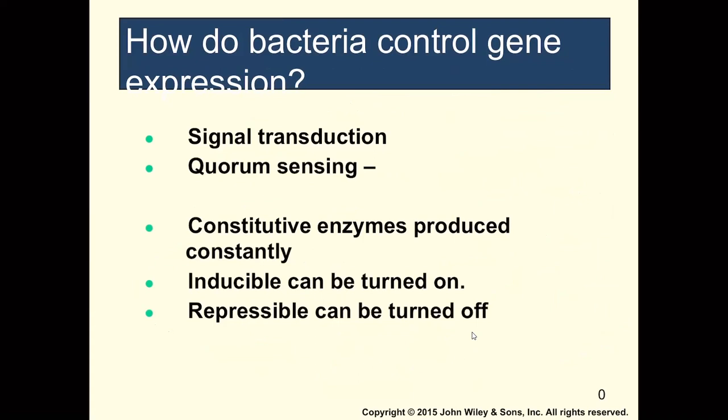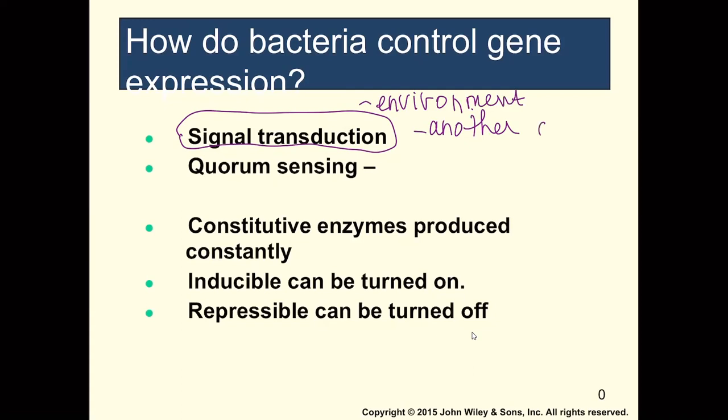So there are different signals that might be in the environment or are coming from another cell. So if you think about a neuron, and a neuron releases a neurotransmitter, and that turns the cell on, and then it starts producing the next thing that we need, or a hormone might do that. So it can be a signal from the environment, a signal from another cell.